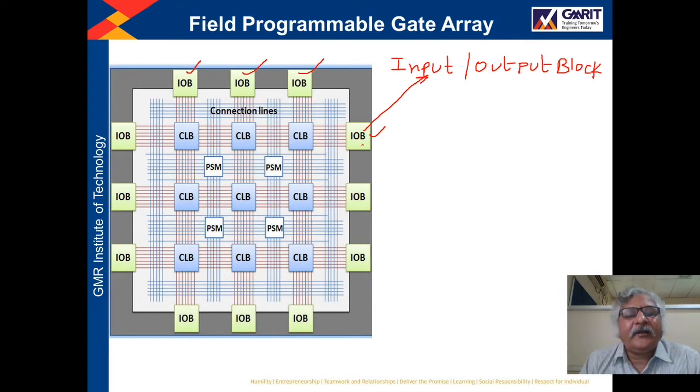Here these are the pins. Suppose this is one FPGA IC. In this FPGA IC you can find various pins, so these pins are your IOB pins, your input output blocks.